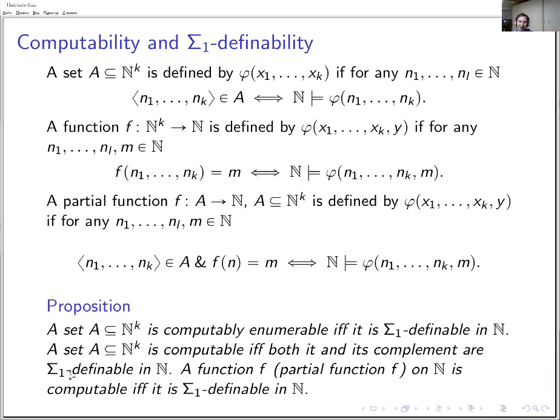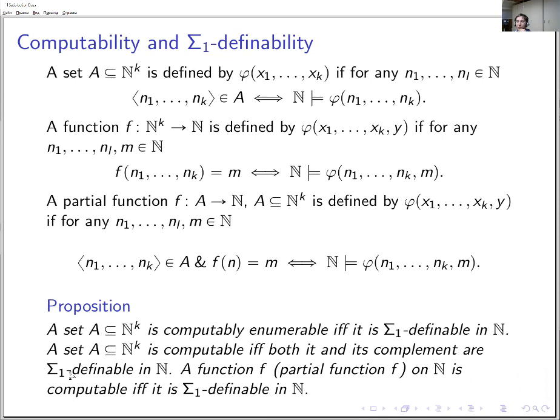Basically, a set is sigma 1 if and only if it's computably enumerable. A set is computable, or as people also say decidable, if and only if it is sigma 1 definable and its complement is sigma 1 definable.